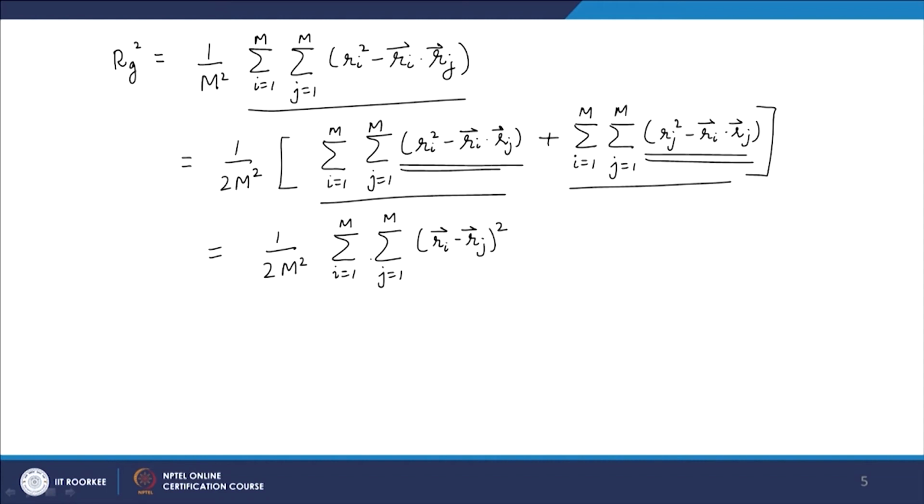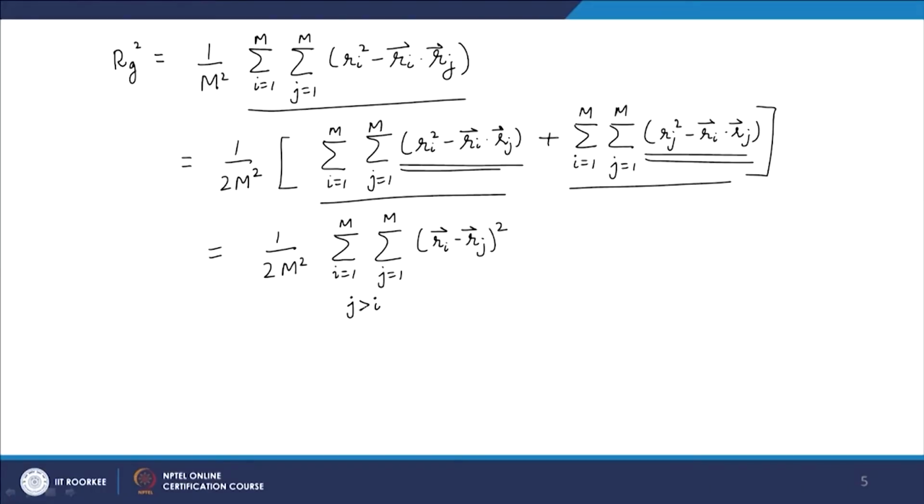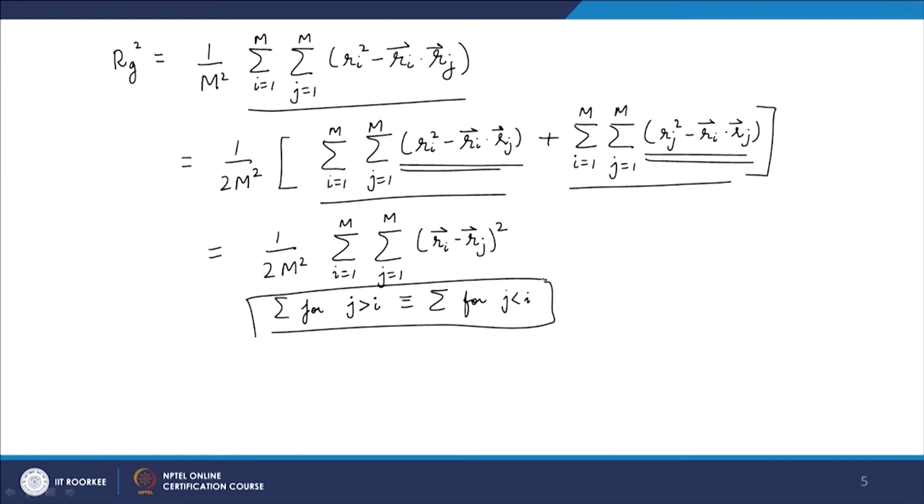Now, we can do one more simplification. In this case, we are summing for all values of i and j, but since there is no difference in i and j, the summation will be the same for j values higher than i and j values less than i, just because i and j can be perfectly interchanged.